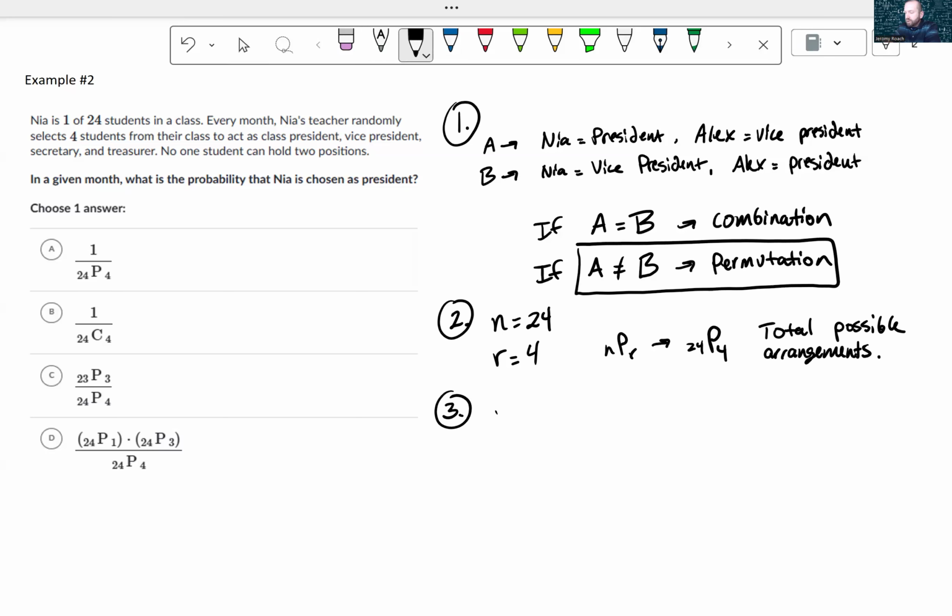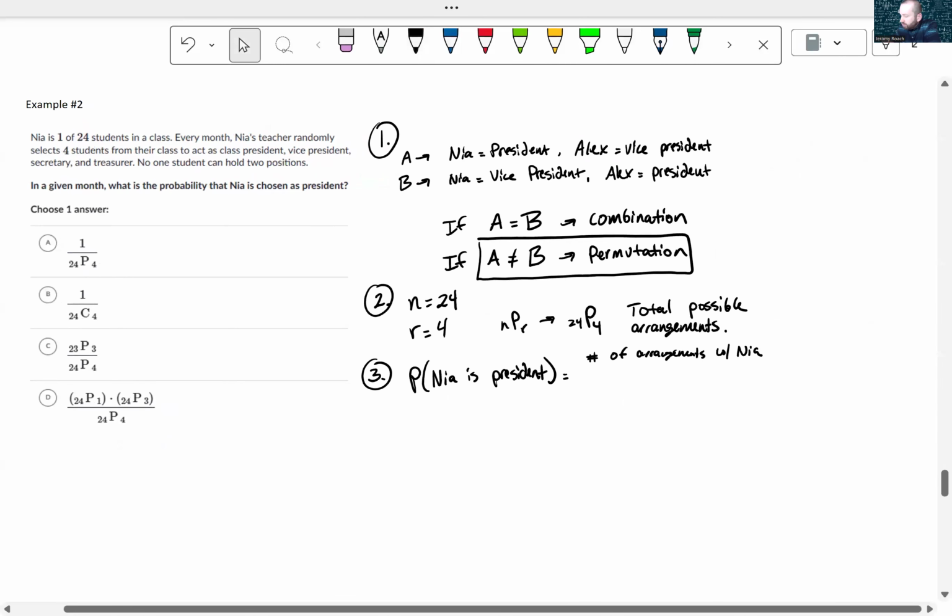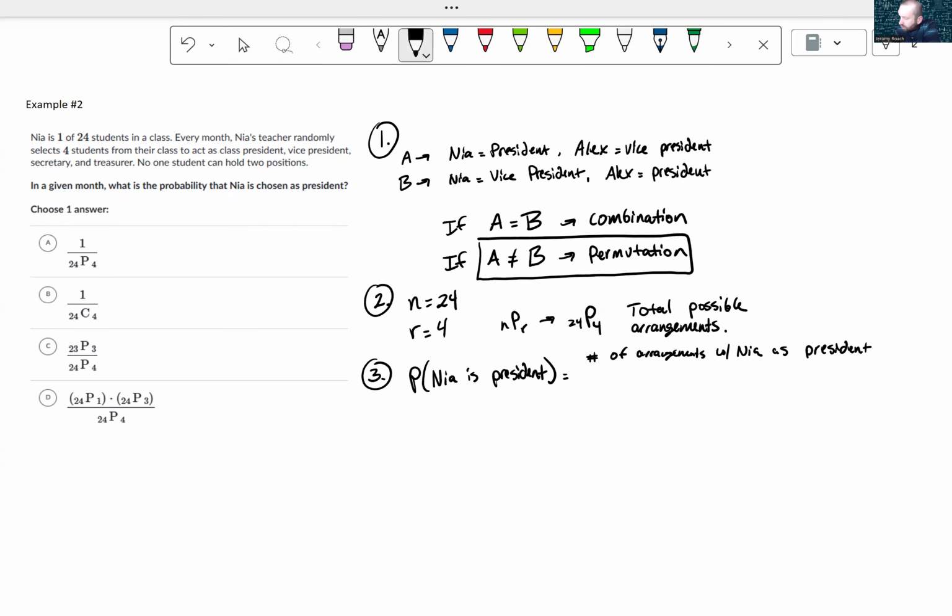So our probability that Nia is president is equal to the number of arrangements with Nia as president, divided by the total possible arrangements, which we found out already is 24P4.